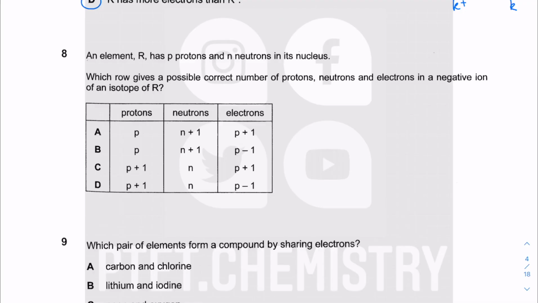Number 8, an element has p protons and n neutrons. Protons and neutrons are what you call nucleons. This is an element. Possible correct number of protons, electrons, neutrons in a negative ion. Negative ion, why am I doing that?